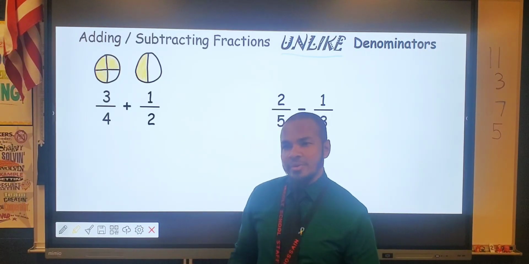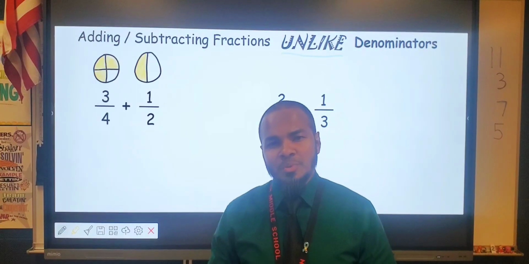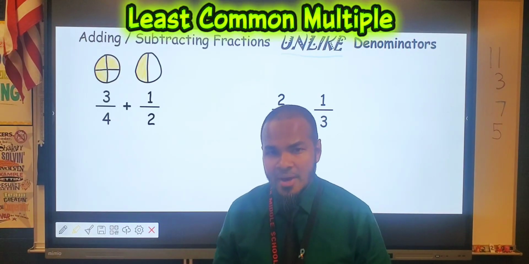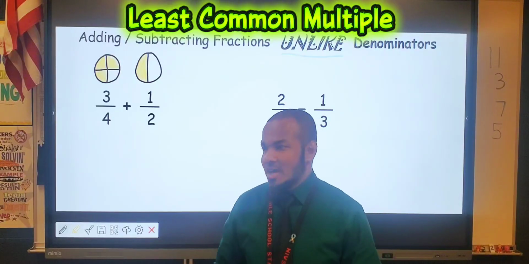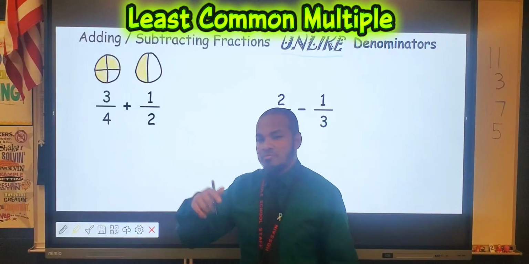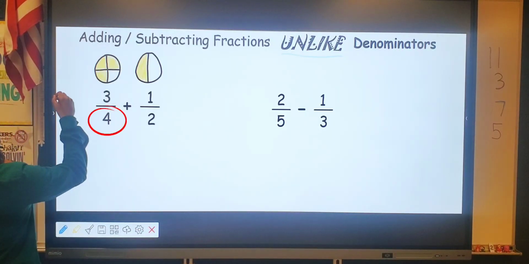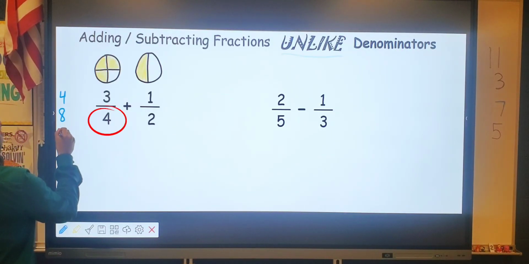And so one thing we do is we list the multiples of the denominators. We call it the LCM, the least common multiple. The LCM tells me that I need to list the multiples of 4 and 2, and I'm going to do that on the side. So I'm going to go ahead and do the multiples of 4: 4, 8, 12, 16.